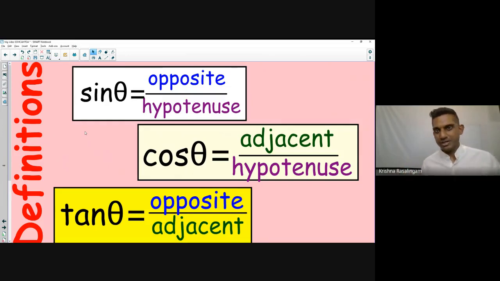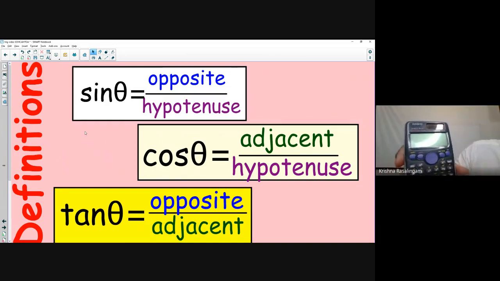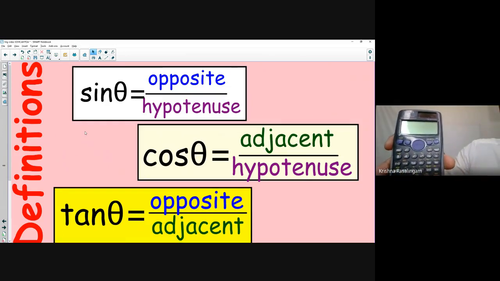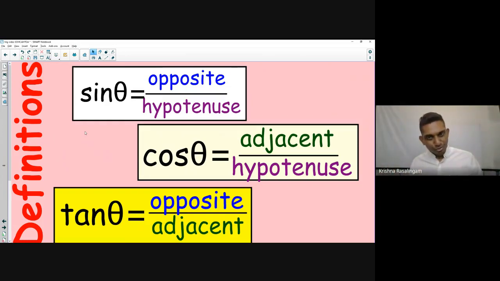That is as simple as pressing a button on your calculator. You can see there's sine, cos, and tan buttons on the calculator. Once you decide what to do, pressing that button shouldn't be the most difficult thing. So those are not the cases. The cases are when the angle is unknown and when we have two cases when it's a length that is unknown.